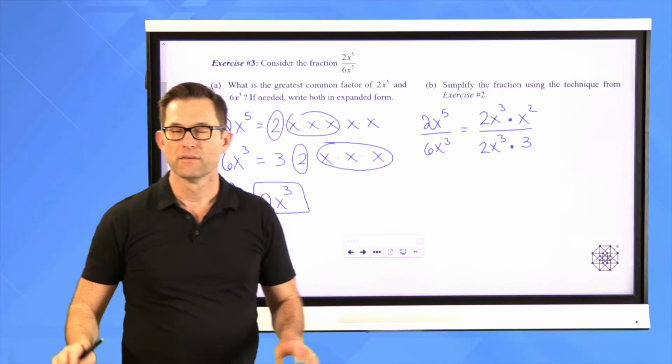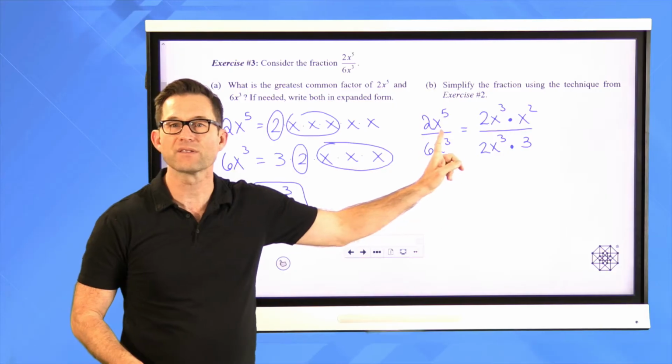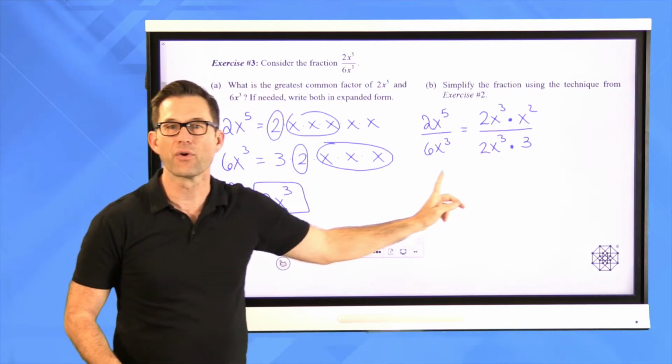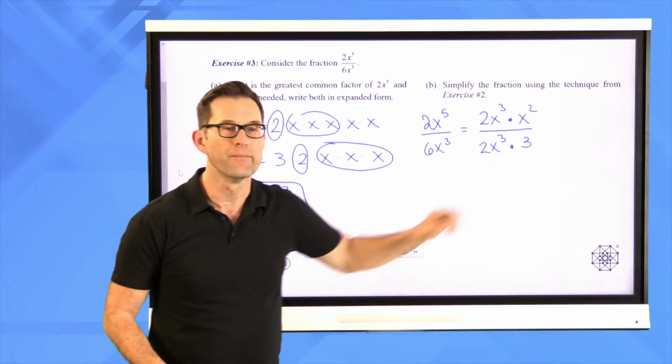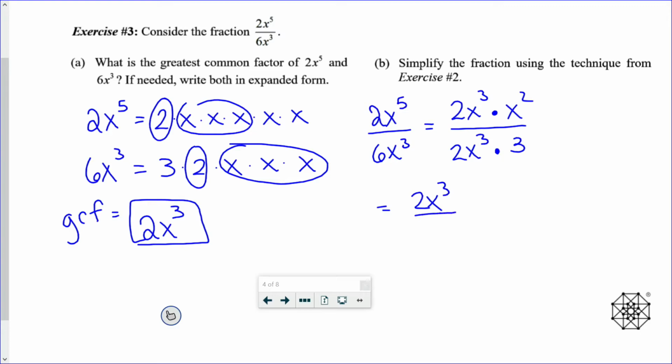I've just taken my GCF and made 2x to the 5th into 2x to the 3rd times x squared, and 6x to the 3rd is 2x to the 3rd times 3. But now this is equal to 2x to the 3rd divided by 2x to the 3rd times x to the 2nd divided by 3.